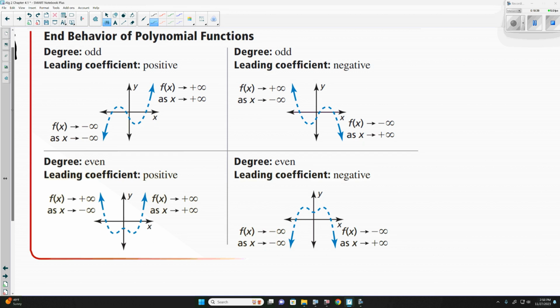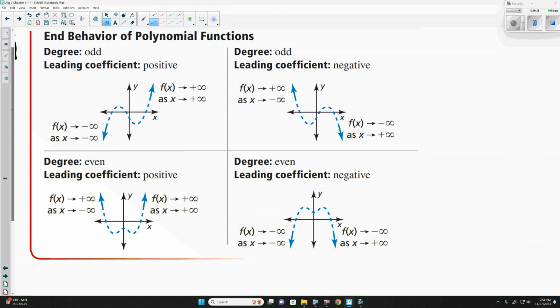And it's going to depend on the degree, because the degree is either going to be even or odd, combined with the leading coefficient, because the leading coefficient is either going to be positive or negative.